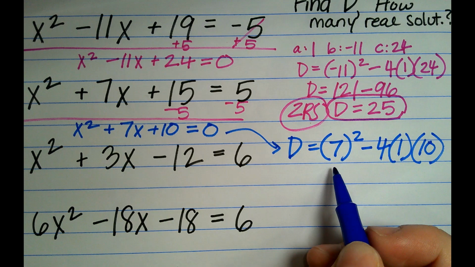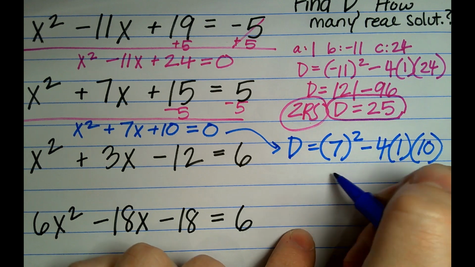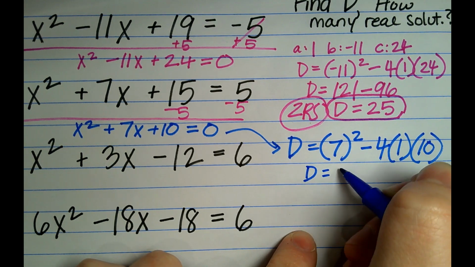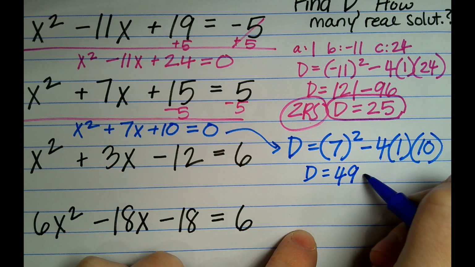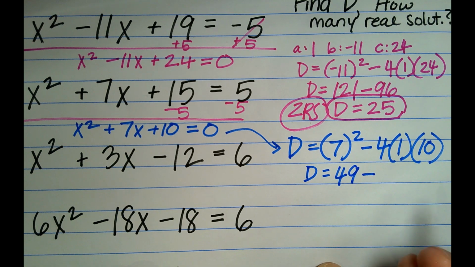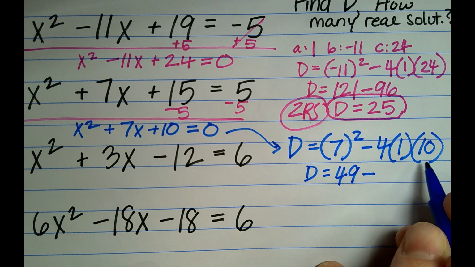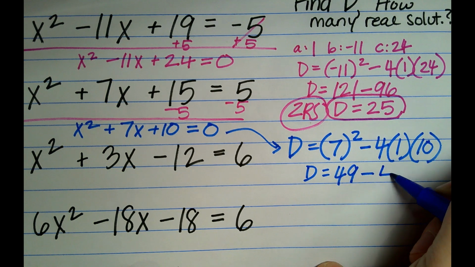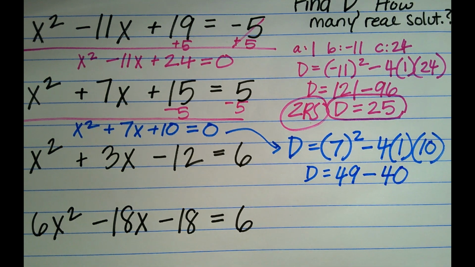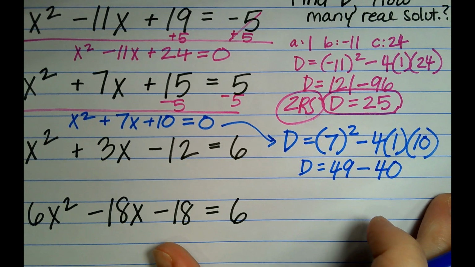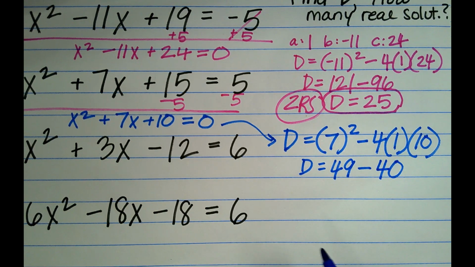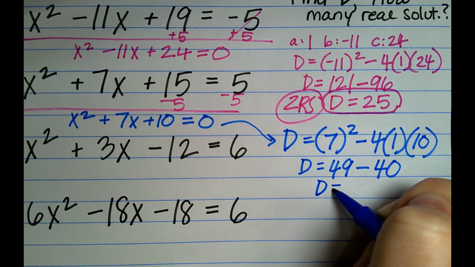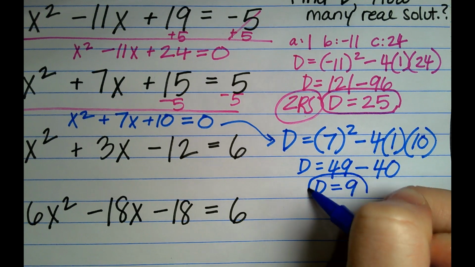I did 7 times 7, which is 49. Perfect. 49. Negative 4 times 1 times 10, and I got negative 40. Perfect. So 49 and negative 40. I got 9. Perfect. So we get a discriminant of 9.